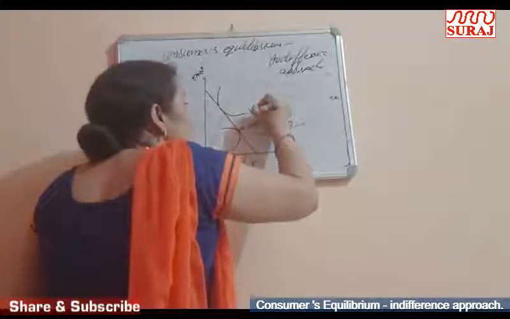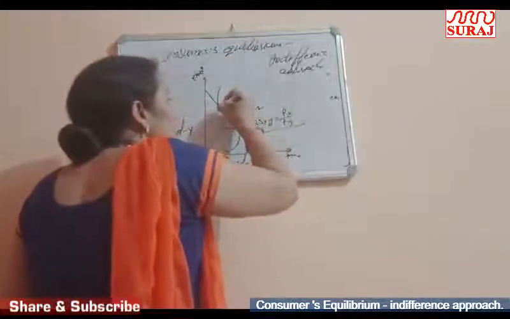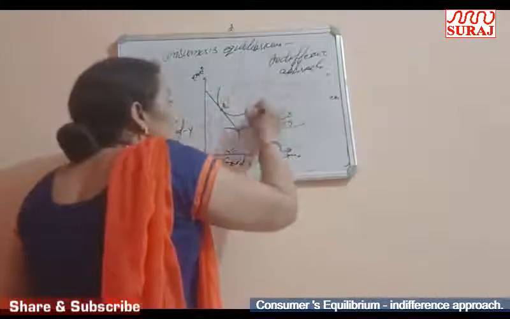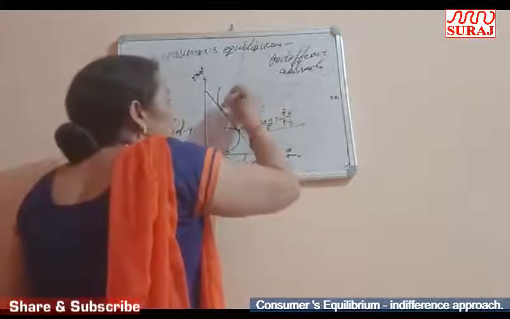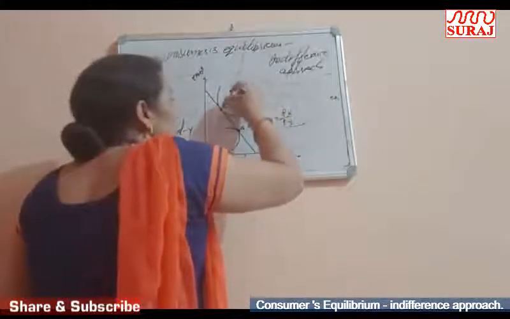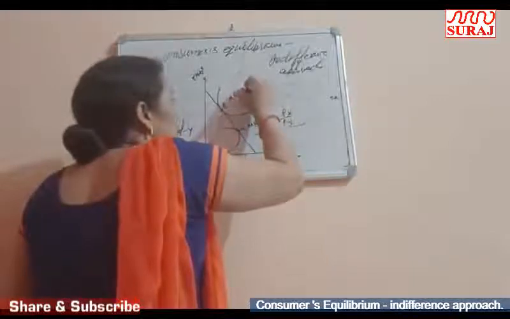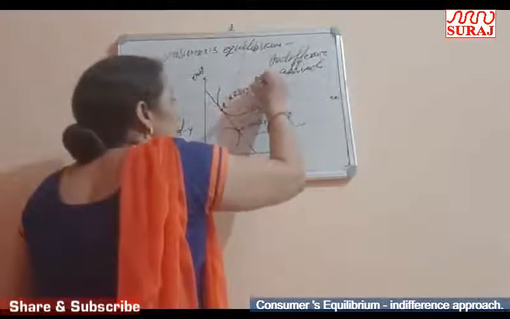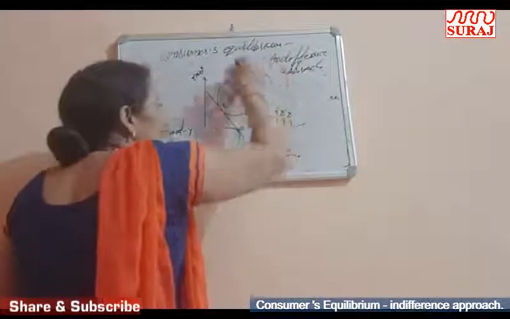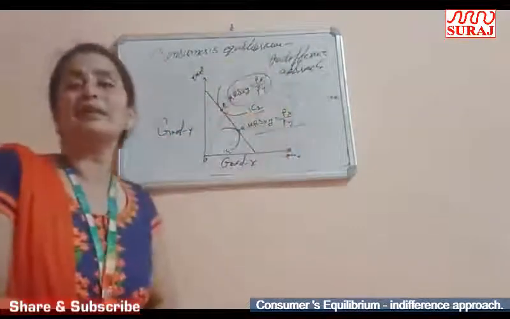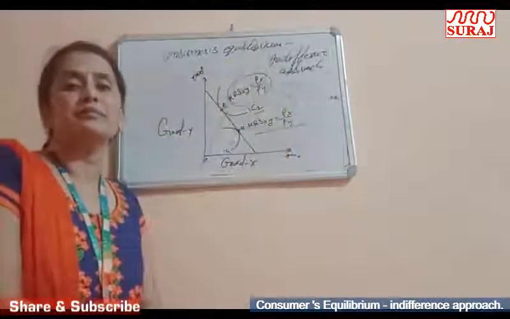इसलिए जो IC1 कर्व है वो कहां पर शिफ्ट हो जाएगा, IC2 पर शिफ्ट हो जाएगा। Then at this point the point E is the equilibrium point where MRS XY is equal to PX upon PY, and at this point IC is convex to the origin.